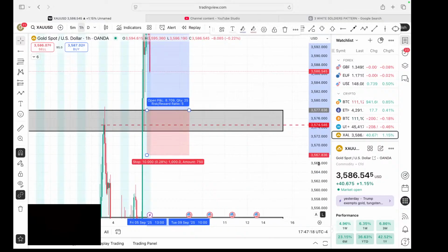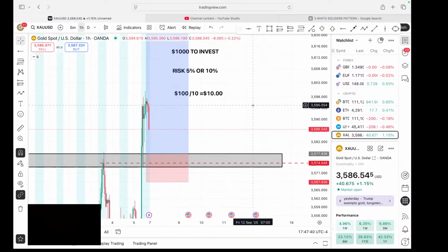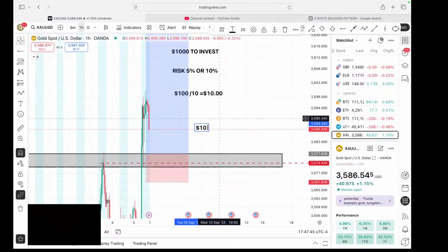These are points. For each point gold moves, if you only have $100 to risk, you have to divide that by 10. And each point is going to equal $10, right? So if I'm risking 10 points, that equates to $100. If I'm trying to make 50, 10 times 50 is what? $500, right?